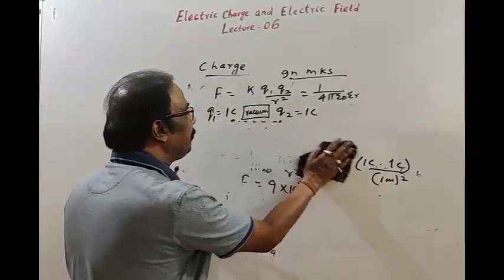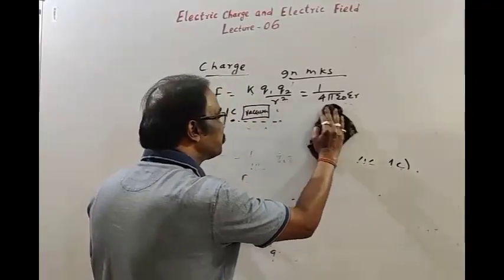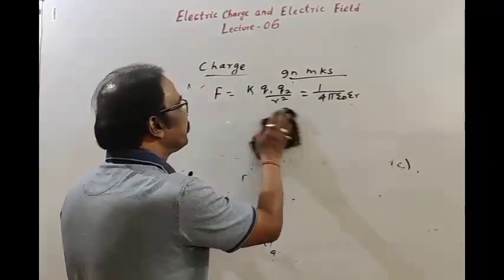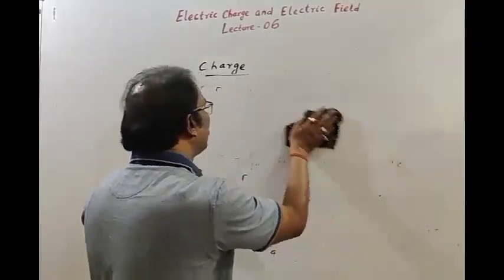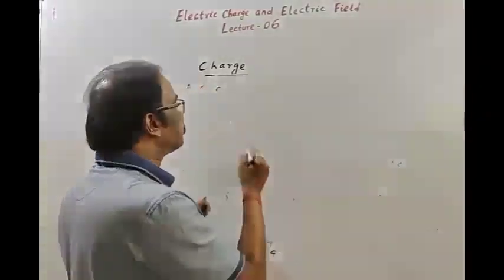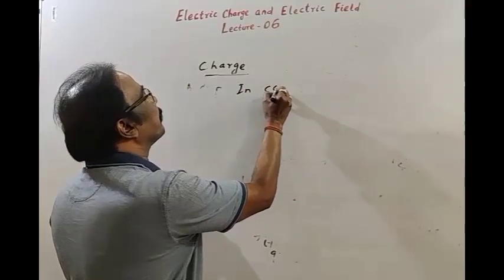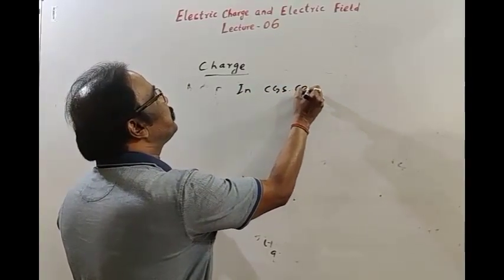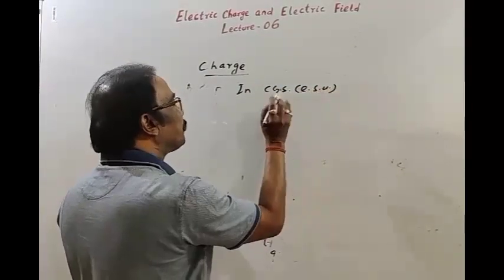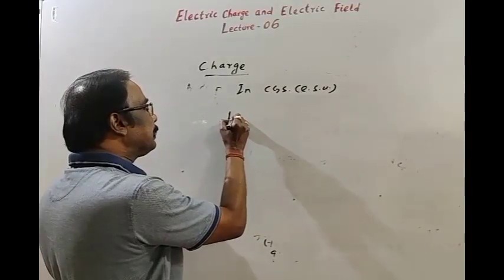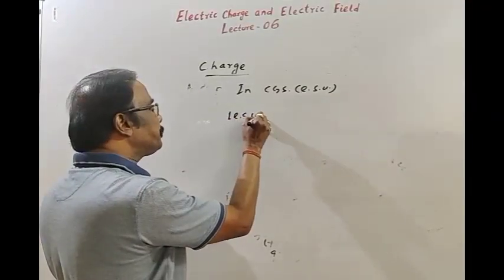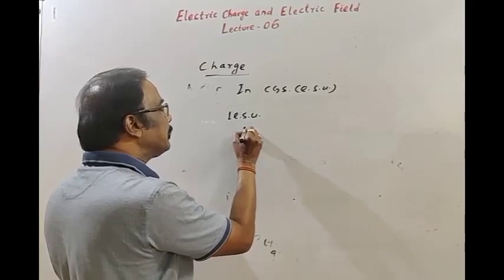Similarly, we may define the CGS, meaning ESU, unit of charge. This was in MKS or in SI. Now in CGS, ESU or stat Coulomb. Let's consider here there is a charge 1 ESU or 1 stat Coulomb, a point charge.